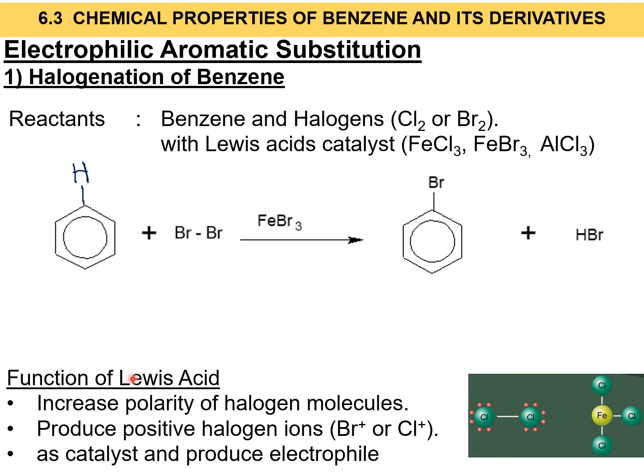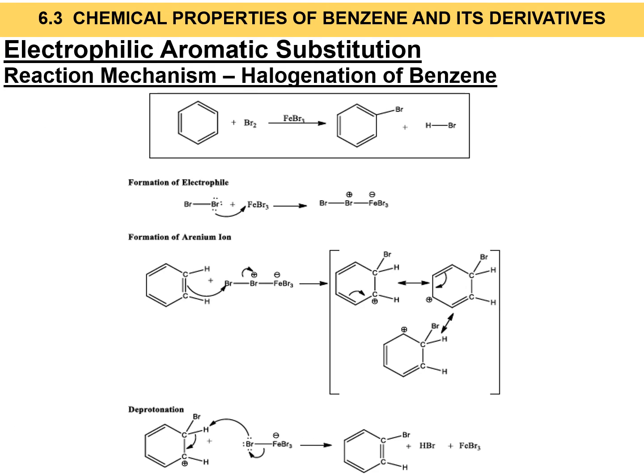Why we are using the Lewis acid is because dia akan increase the polarity of the halogen molecules, dia akan produce positive halogen ions, and as a catalyst, Lewis acid ni dia function dia as a catalyst and dia boleh produce electrophile. Okay, so here's the overview for the reaction mechanism halogenation of benzene.